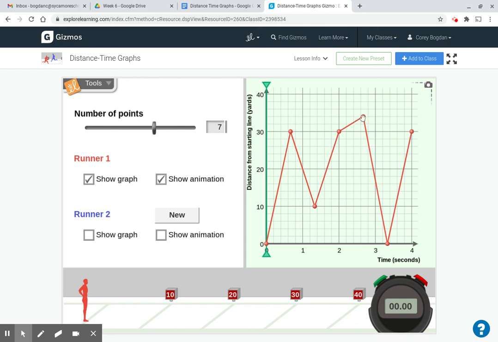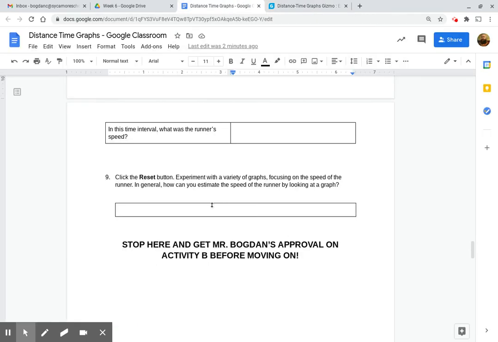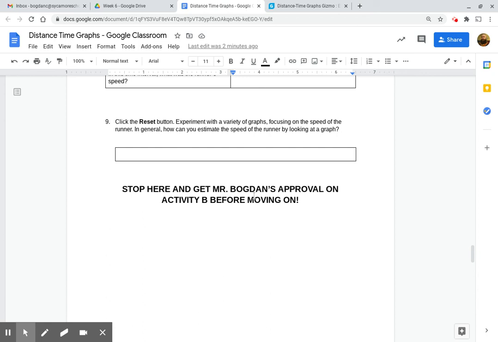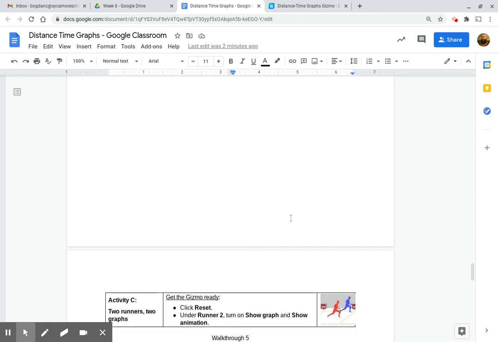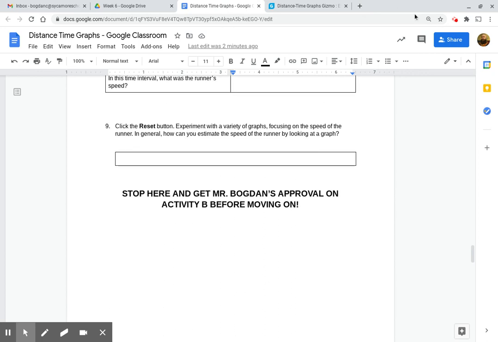So it'd be 4 divided by 0.6. All I had to do is take how far they've traveled and divide it by how long it took them to travel that time. So you can answer that here. And stop here, get my activity on activity B. And next up is activity C, but that is for another day.